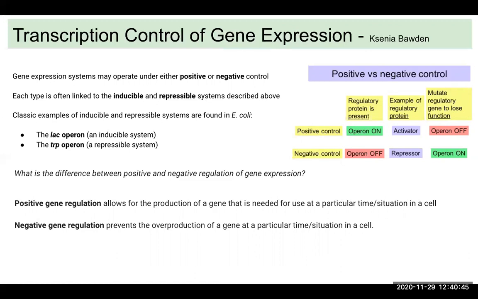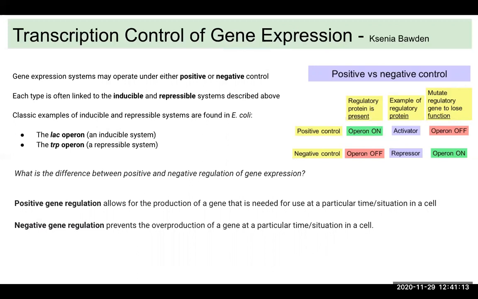A classic example found in E. coli is the lac operon, which is the inducible system, and then the trp operon, which is in the repressible system. So you would wonder, what is the difference between the positive and negative regulation of gene expression, right?